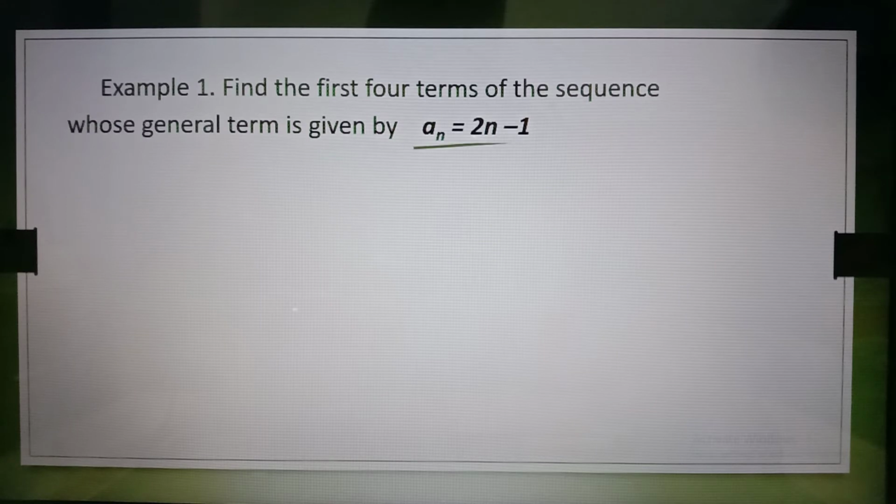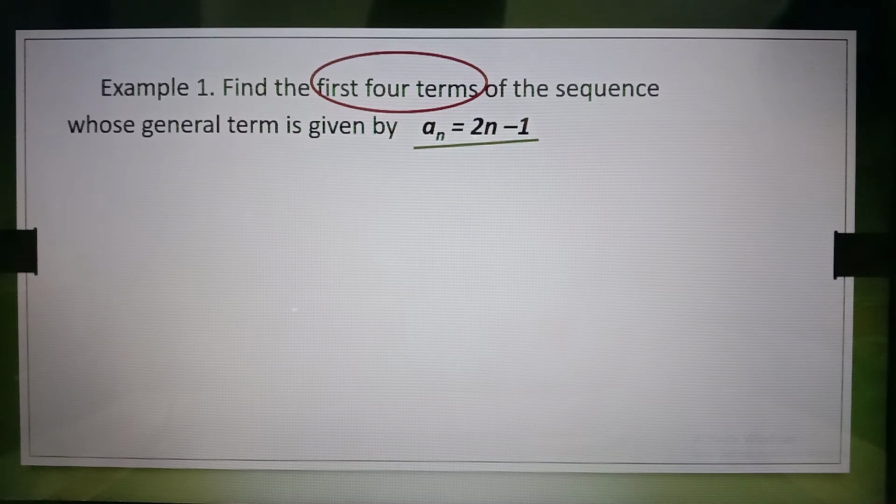Ang general term ay a sub n equals 2n minus 1. In this example, ang ating pinaka-idea ay ang paggawa ng 4 terms.